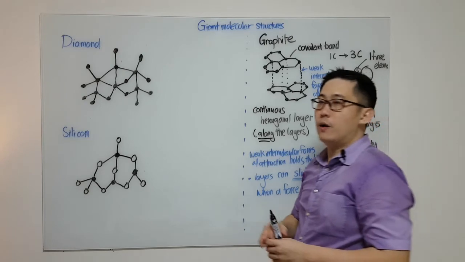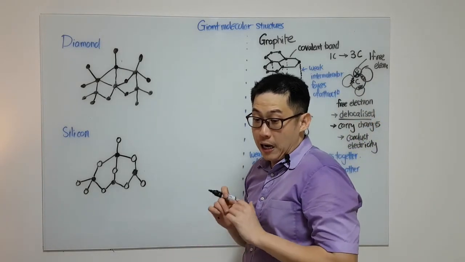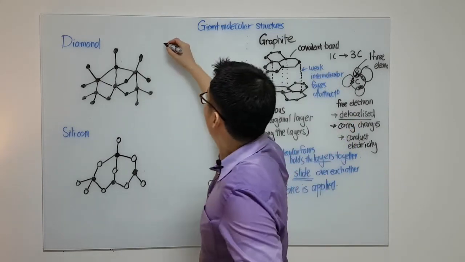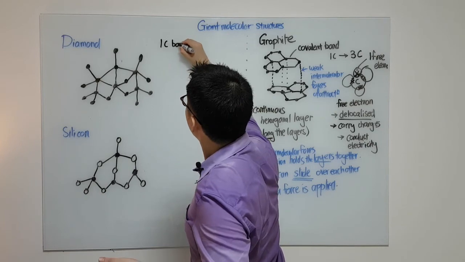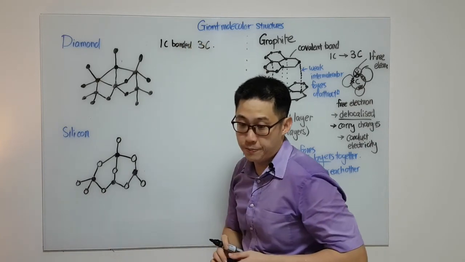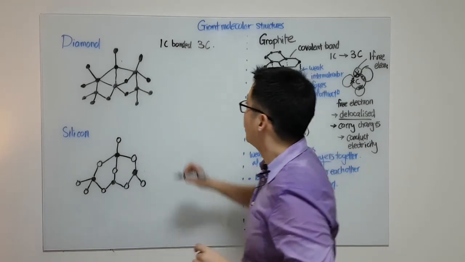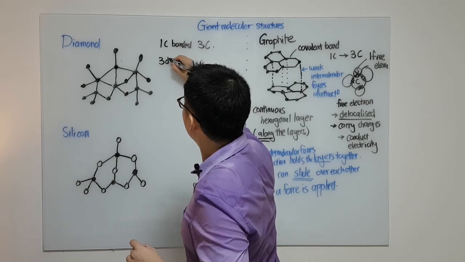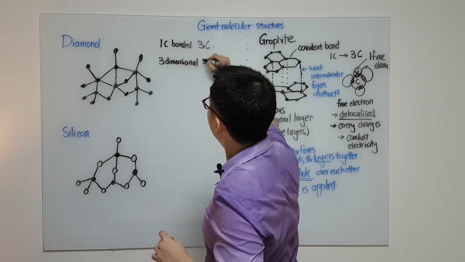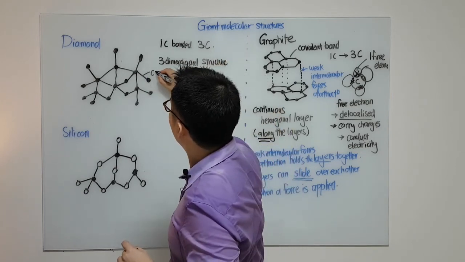Now, let's take a look at your diamond and your silicon. Now, unlike your graphite, the diamond has one carbon bonded to 3 other carbons. So as a result of this, it forms what we call a 3-dimensional structure, all held together by covalent bonds.